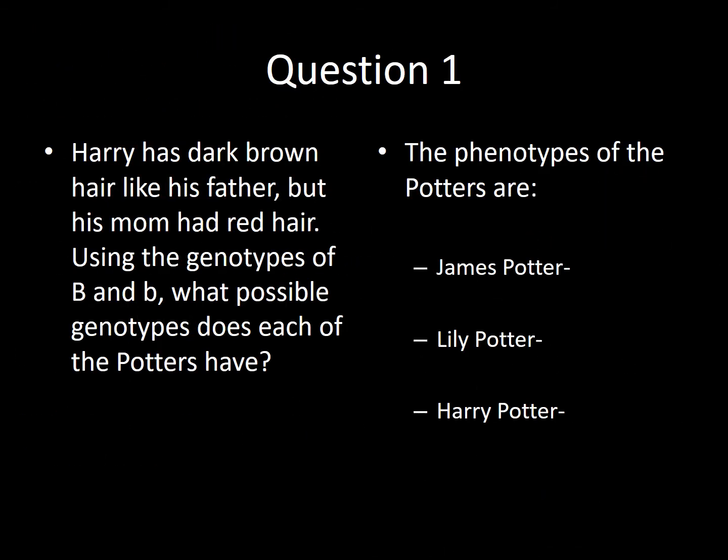Here we have this question: Harry has dark brown hair like his father, but his mom has red hair. Using the genotypes of big B and little b, what possible genotypes does each of the Potters have? Now, we're just saying capital B is dominant, so having brown hair is dominant, and red hair is recessive, little b is recessive.